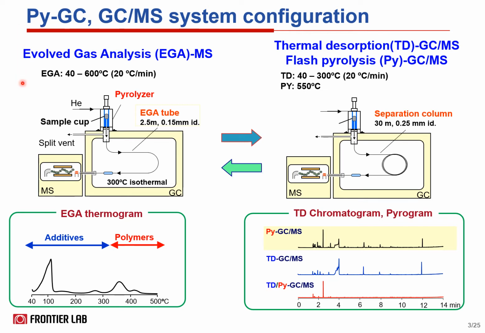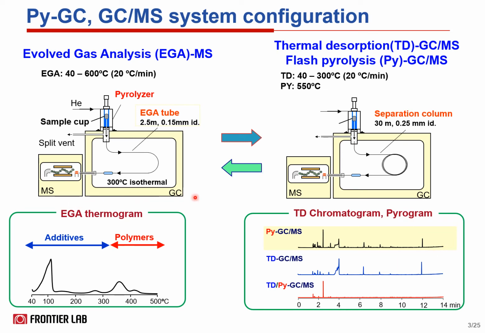A typical Py-GC system is configured with a pyrolyzer installed on the GC inlet, with detectors such as a quadrupole mass detector or FID or FPD or so.